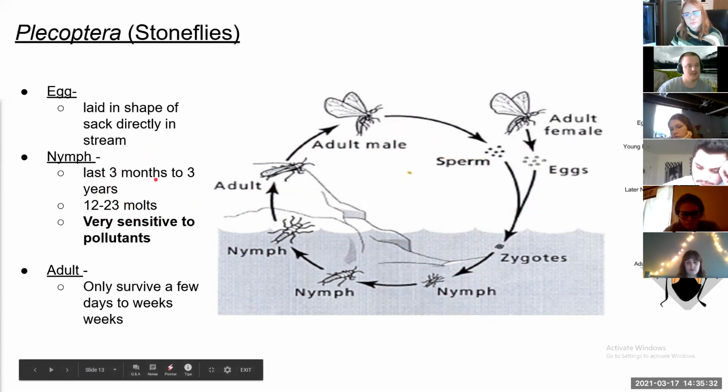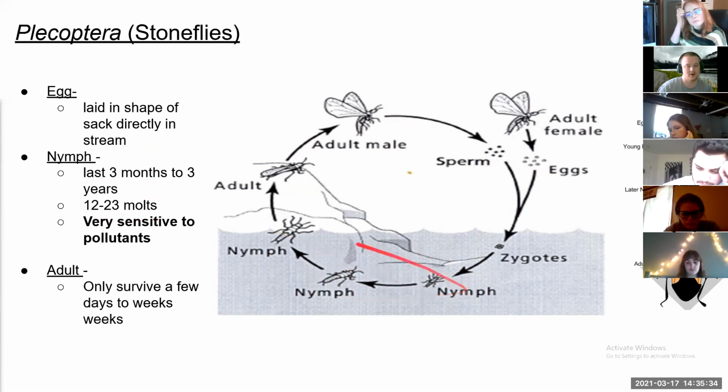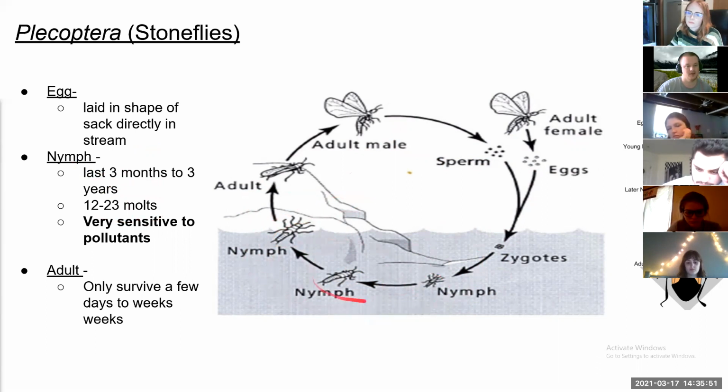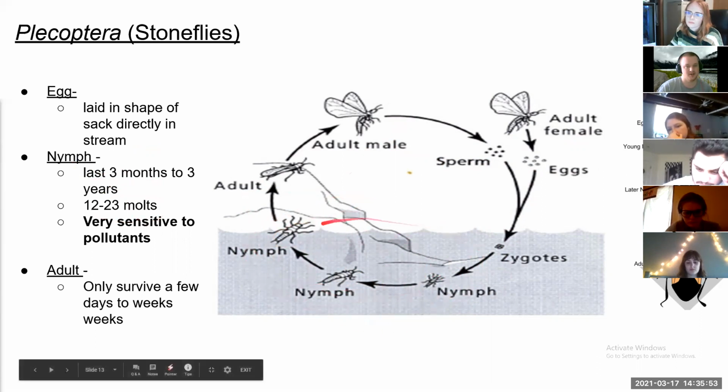The nymph stage, which is aquatic, depending on species will last anywhere from 3 months to 3 years, and it goes through between 12 and 23 molts, increasing in size each time. This is the stage in which they're really sensitive to pollutants, and again, the stage in which they're feeding.